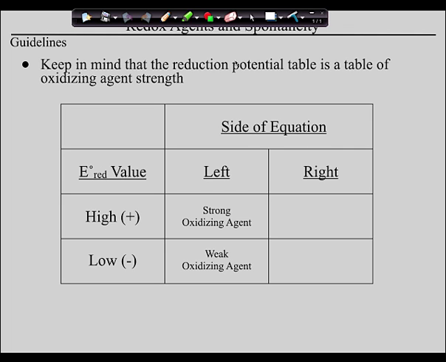You ready? Upper right-hand quadrant. Now we're looking at the guys on the right. Let's again look at the extreme example, fluoride ion. Can fluoride ion take in electrons? No, it's full. So if fluoride ion cannot take in electrons, what can't it be?